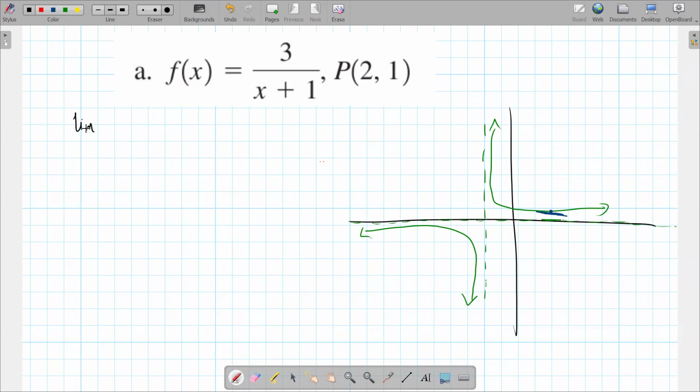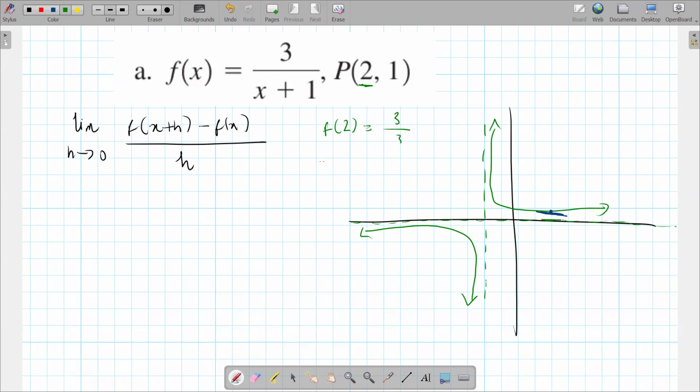Again, difference quotient: limit as h approaches 0 of f of x plus h minus f of x, all over h. So what we need to find is, what's the x value here? 2. So we need to find f of 2. That's simple.